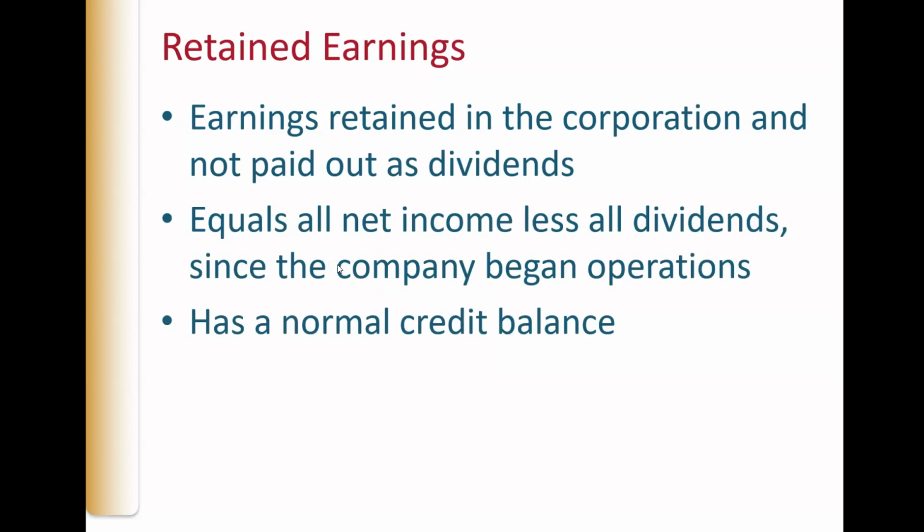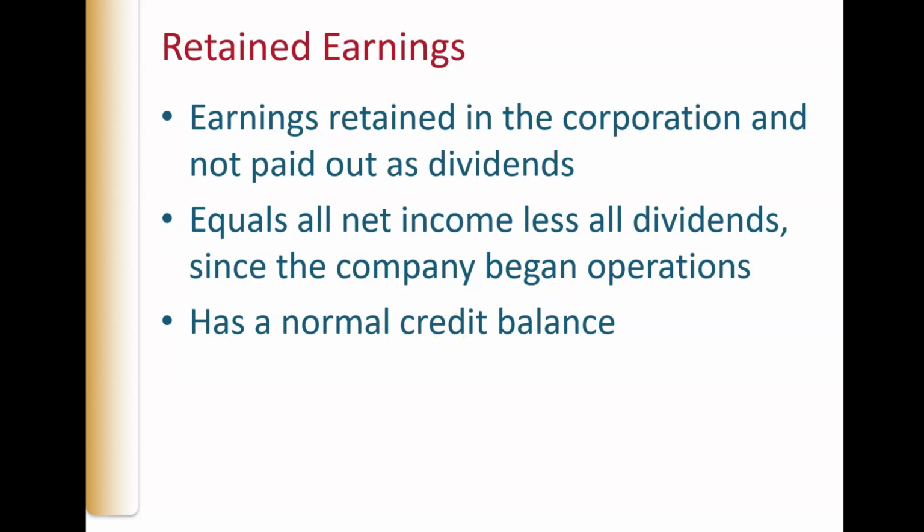So retained earnings. If you remember back to chapter 2, maybe 1, I think. Retained earnings are all the earnings that are retained in the corporation and not paid out as dividends. If you remember right, the retained earnings started out as beginning retained earnings plus net income less dividends equals ending retained earnings.